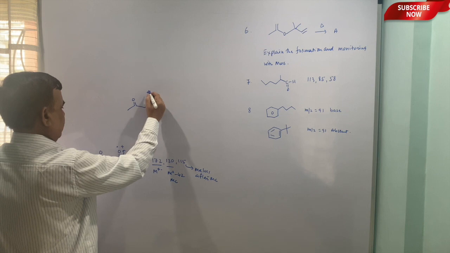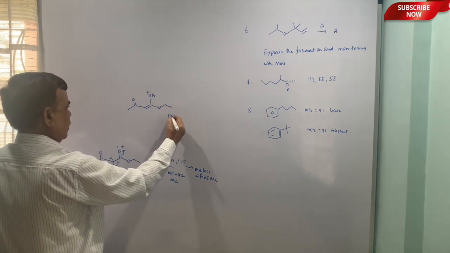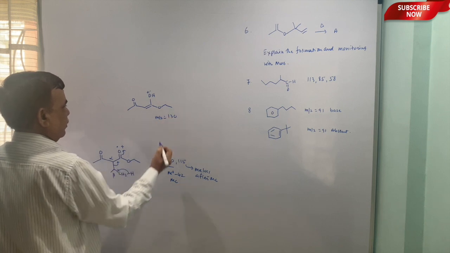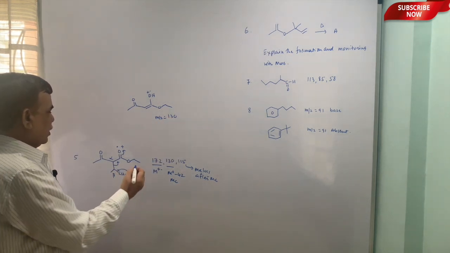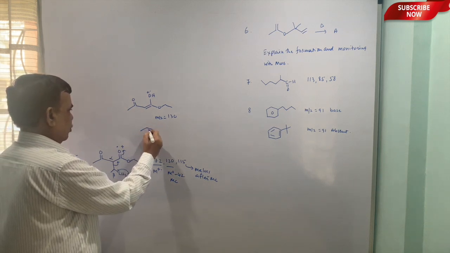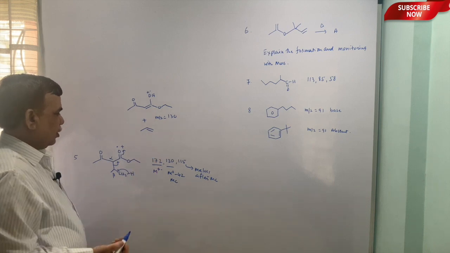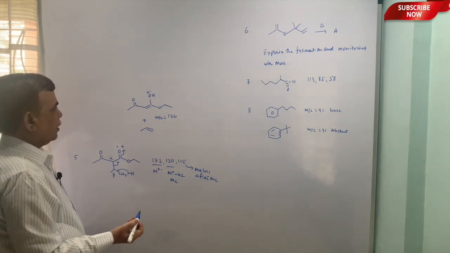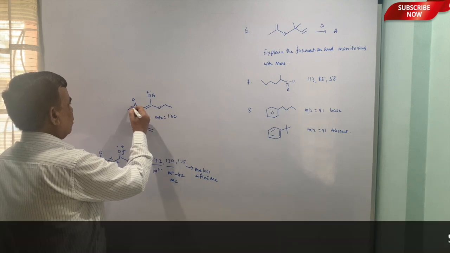OH, this is 130 straight away. Okay, I am just showing the outgoing entity also. This is going out. Okay, this is neutral molecule, so no need to explain anything. Now from here you have to lose methyl group.